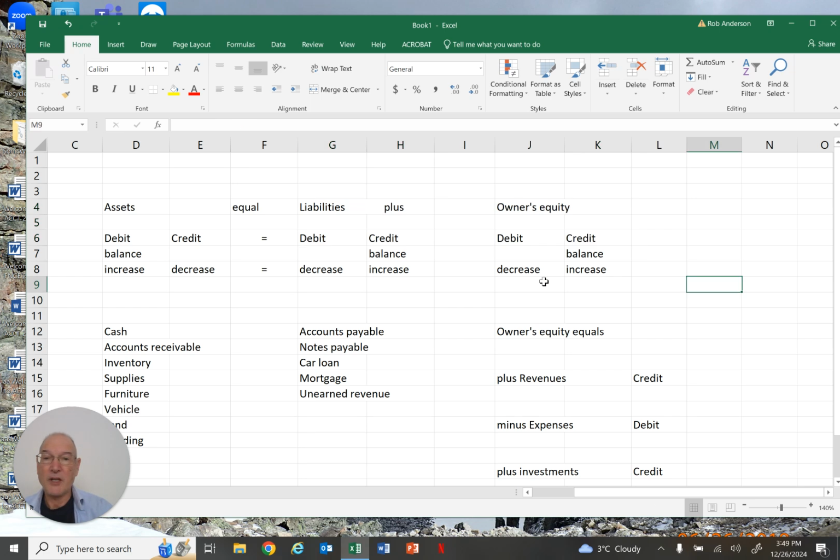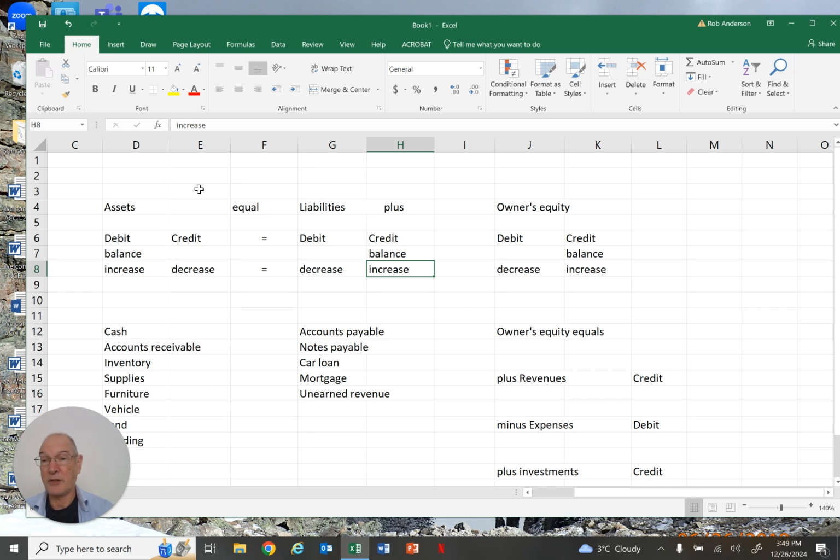So if we incur a liability, we write it on the credit side of our accounting equation, and it becomes a credit. So owing money is a credit balance. If we borrow more money or buy something on account, we increase our liability, so you also increase your liability with a credit.